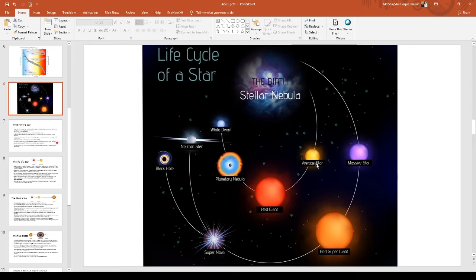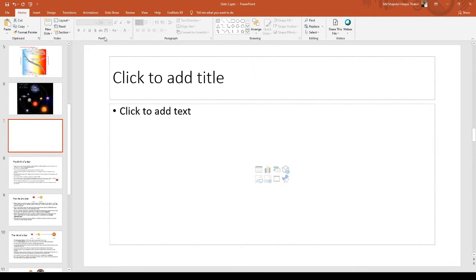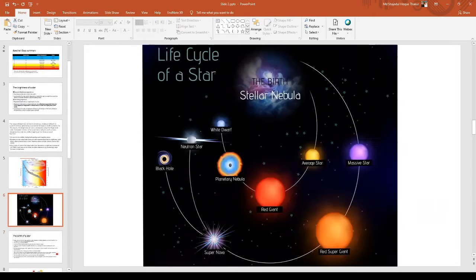Nebula to average star. So I'll actually write it here. Sorry about that.